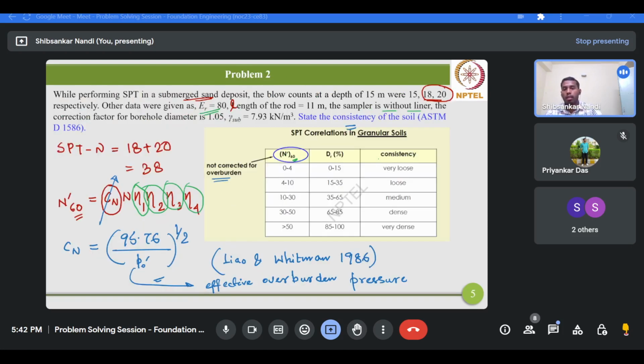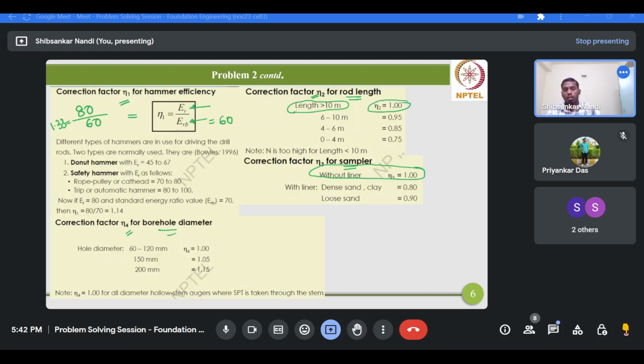Now coming to the last correction factor, that is the correction factor due to borehole. Again you need not calculate it because it's directly given to you. It's 1.05. So I am summarizing all these correction factors related to this problem. First of all, eta 1 is 1.33, then eta 2 is 1, eta 3 again is 1, and finally eta 4 is given as 1.05.